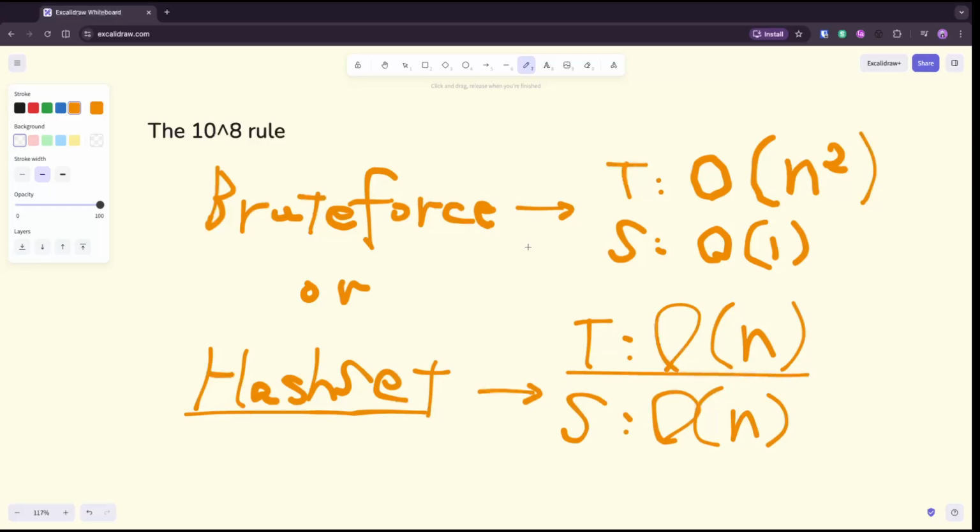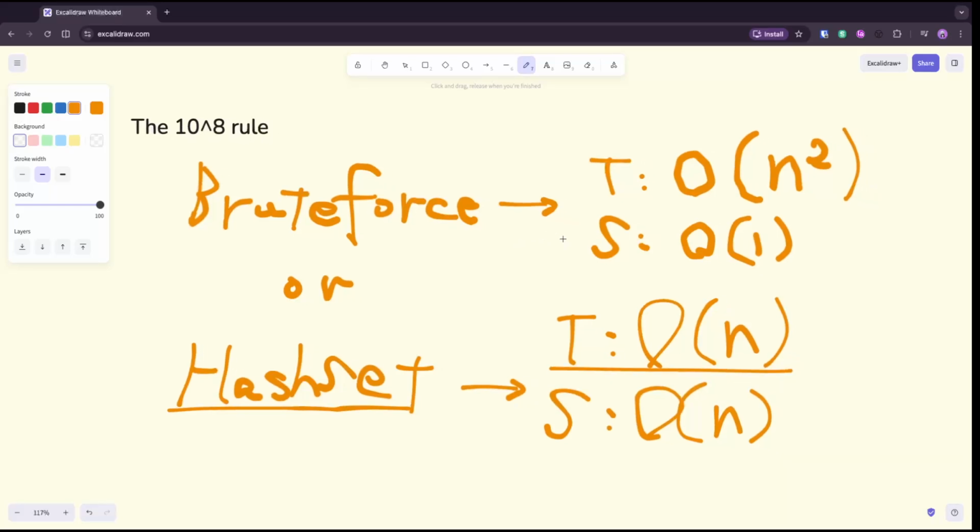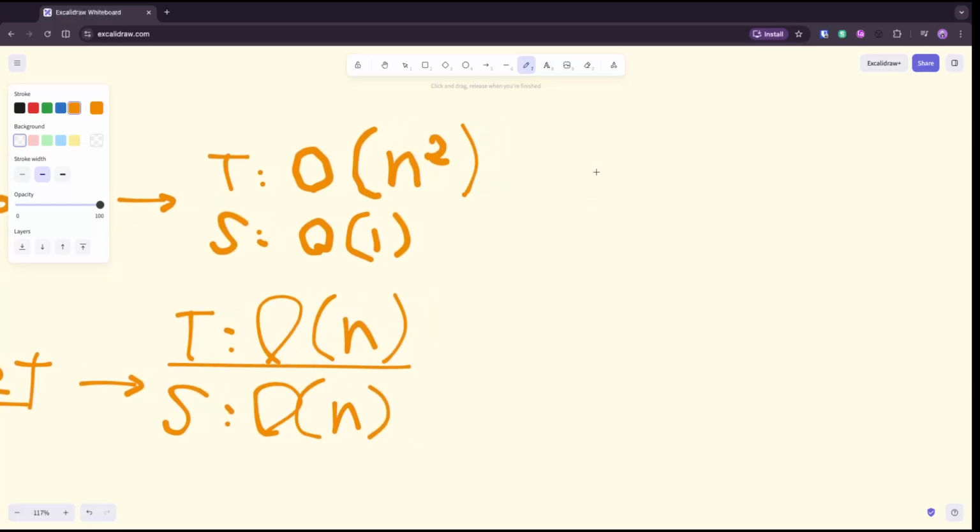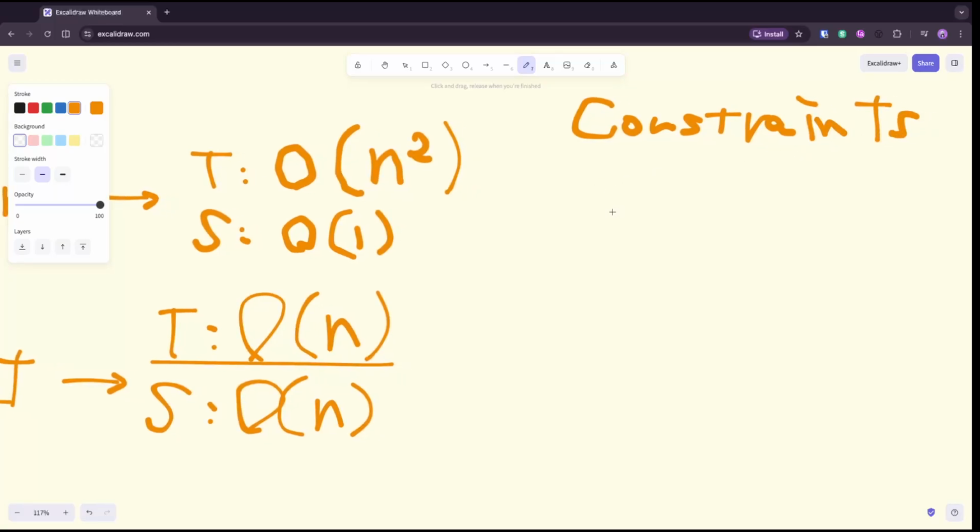In this case, we should confirm the constraints. Constraints, so we have to confirm the range of n. Like this.